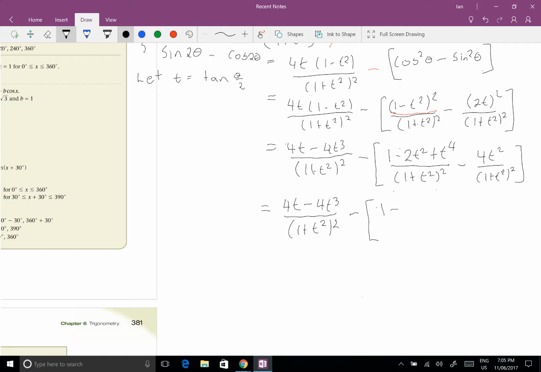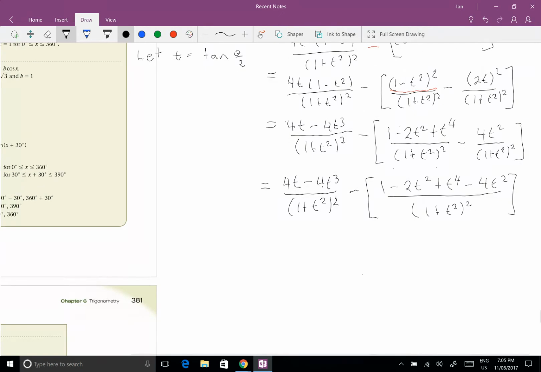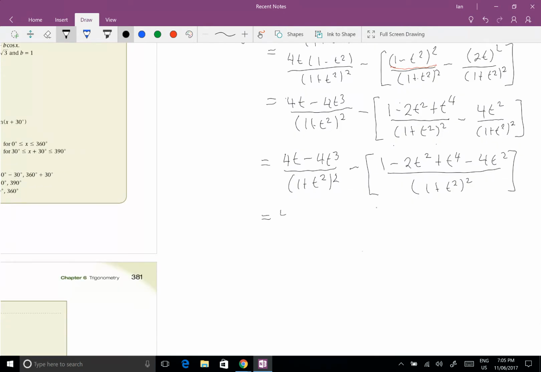I get 1 minus 2t squared plus t to the 4 minus 4t squared all over 1 plus t squared all squared. All right, 4t minus 4t cubed over 1 plus t squared all squared.